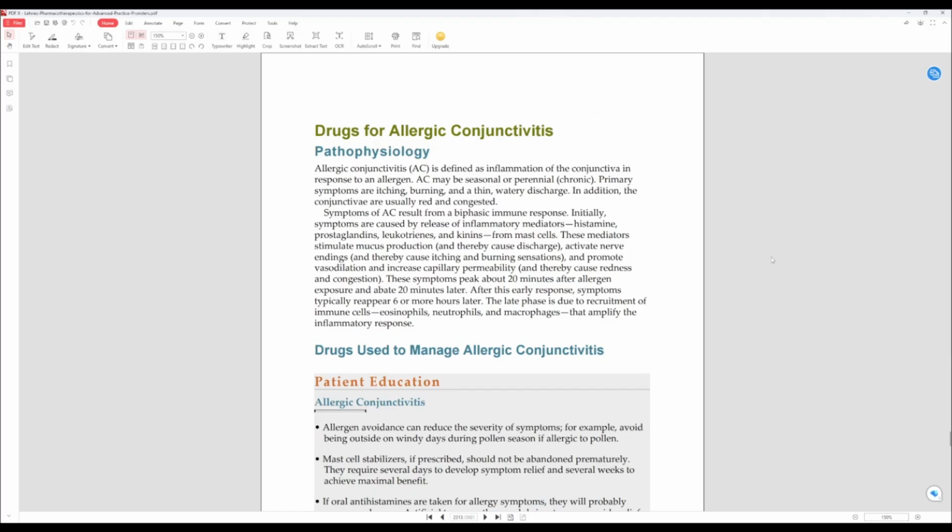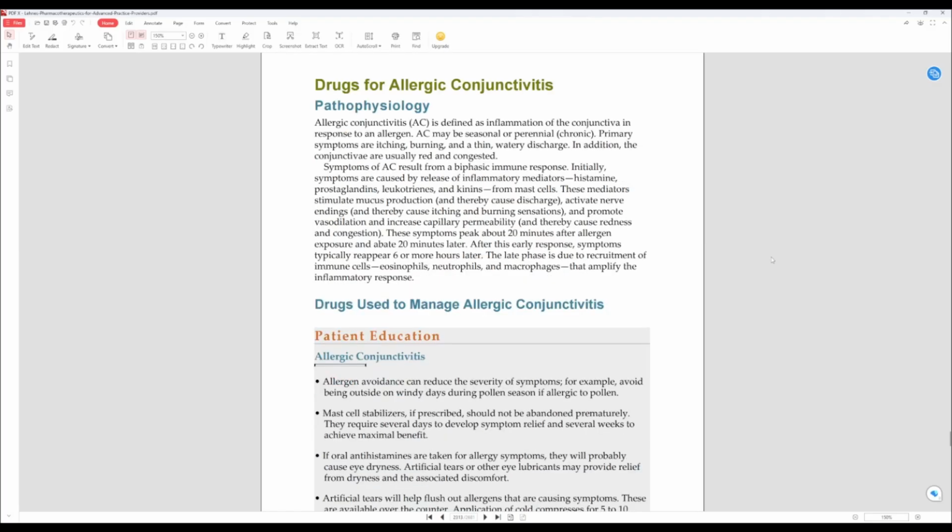Its pathophysiology. Allergic conjunctivitis, or AC, is defined as inflammation of the conjunctiva in response to an allergen. AC may be seasonal or perennial. Primary symptoms are itching, burning, and a thin, watery discharge. In addition, the conjunctiva are usually red and congested.